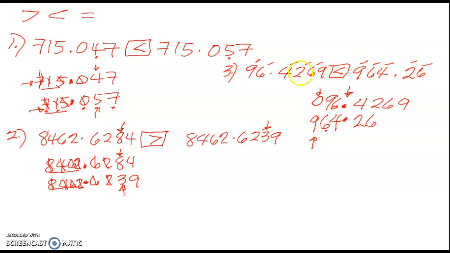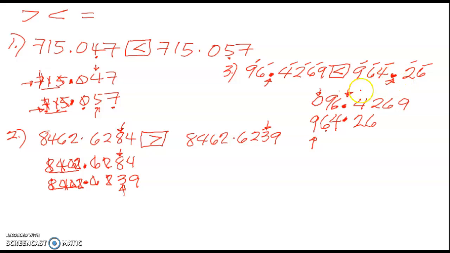So you're just looking at the digits of the number, but you are not considering the place of the decimal, which is very important. Note that this decimal is before the 4. This decimal here is after the 4. So that makes the difference.